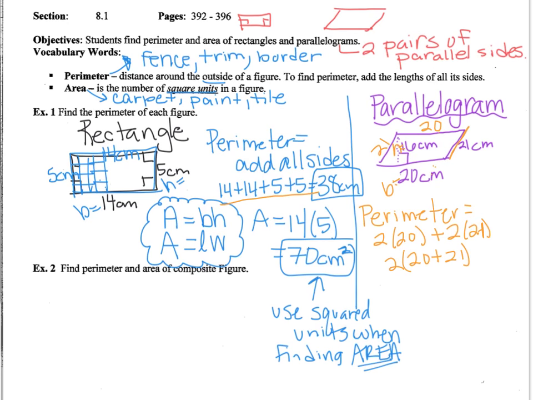So there's just a variety of ways you can write out your perimeter. But as long as you know that you need to add all sides, you're going to be good. The perimeter, 41 times 2 would be 82. Okay, and we have just centimeters, remember, because it's just one dimension.